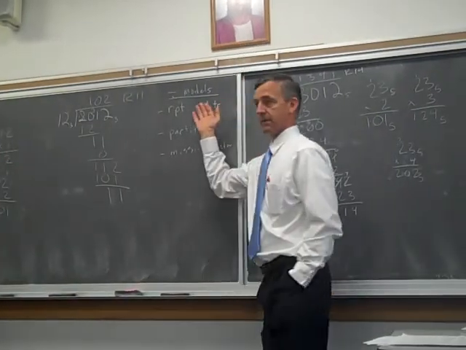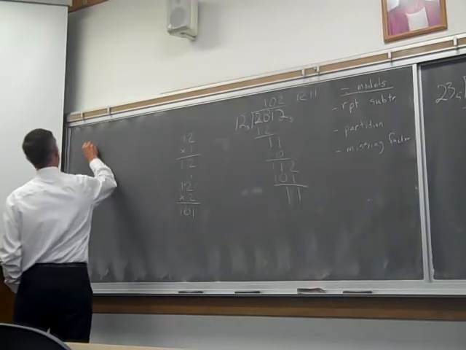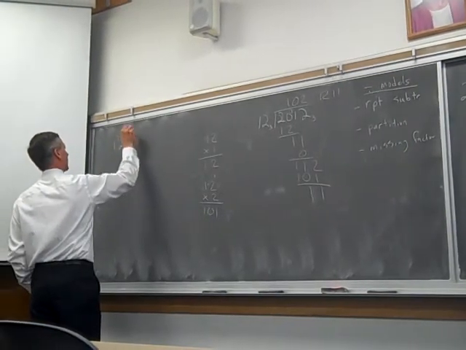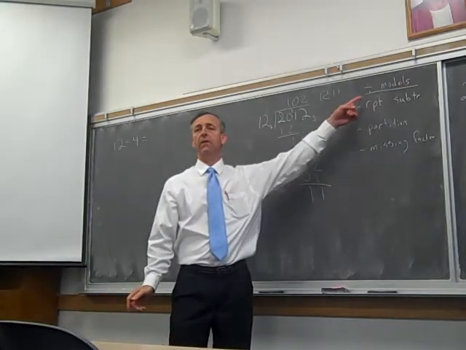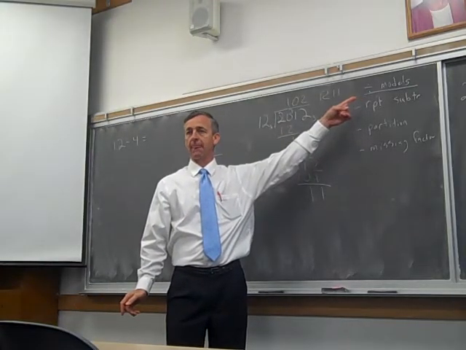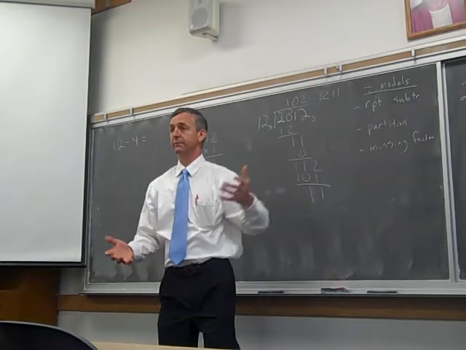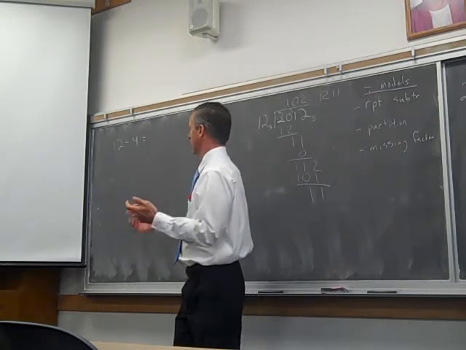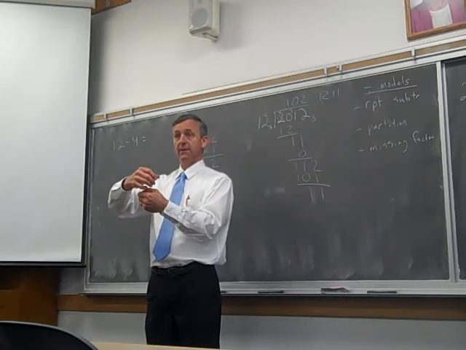Let's go over these. If I have 12 divided by 4 equals, and I want to model it this way, what do I do? Repeated subtraction. You continually subtract 4. I've got 12 blocks in my hand, and I what? You take away 4.